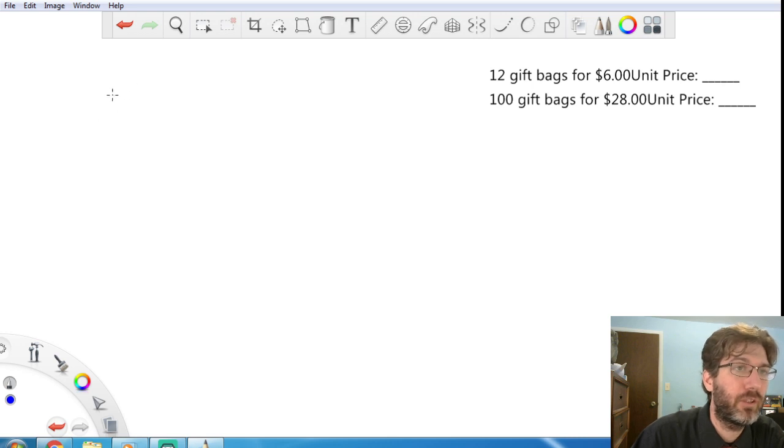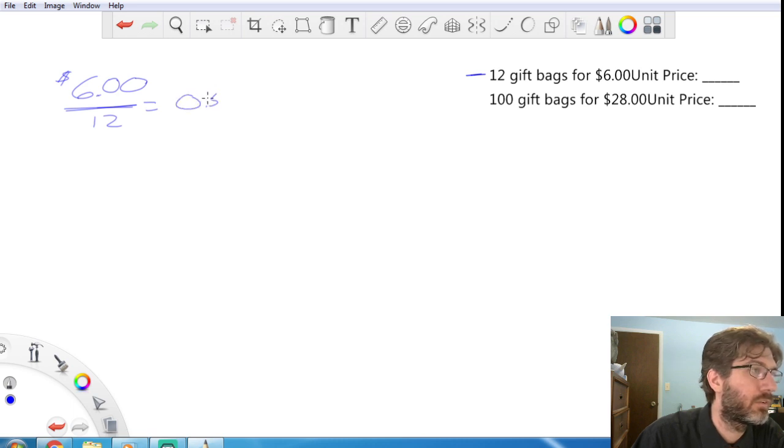But here we got $6 for 12 gift bags, so $6, and again this one's going to be blue. $6 for 12 gift bags. You just divide 6 divided by 12 gives you a half. So this is 50 cents for each.